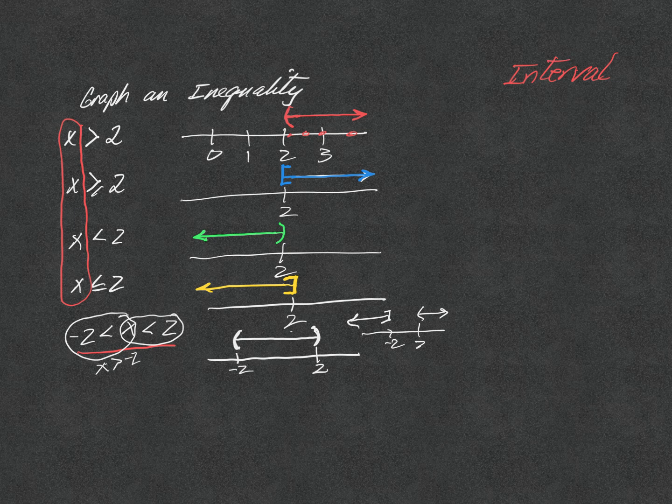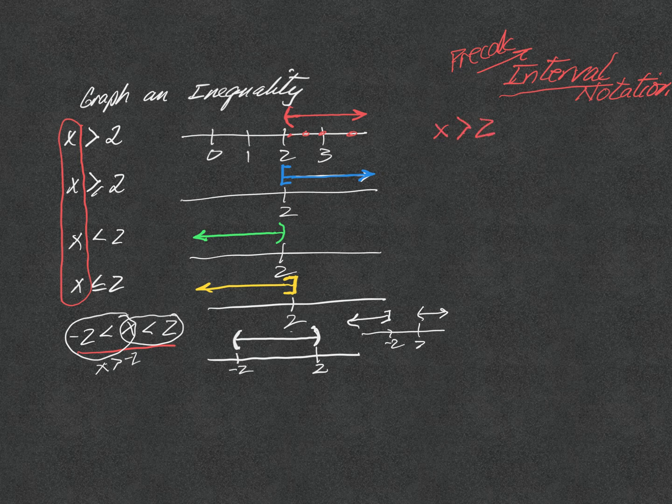Interval notation is the way mathematicians write inequalities as you get more advanced. I would say almost always in pre-calc and above courses, you write inequalities in interval notation. On this first one, we have x is greater than 2.